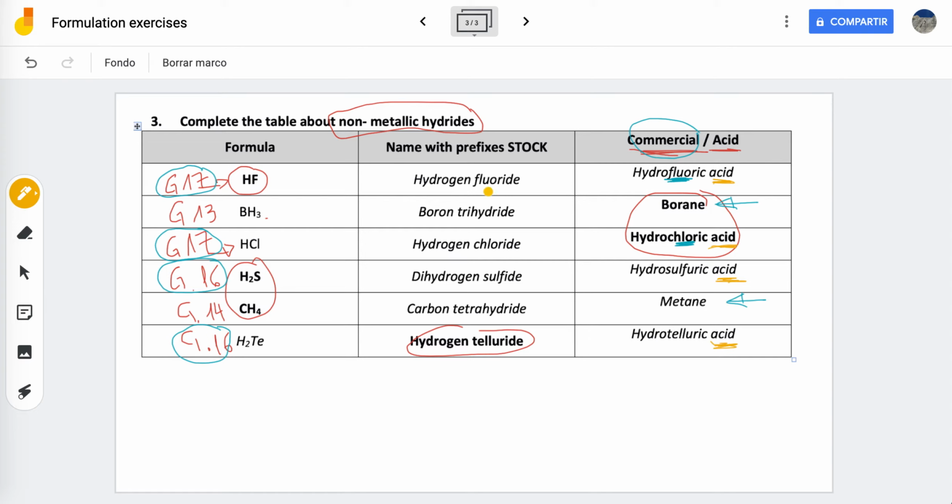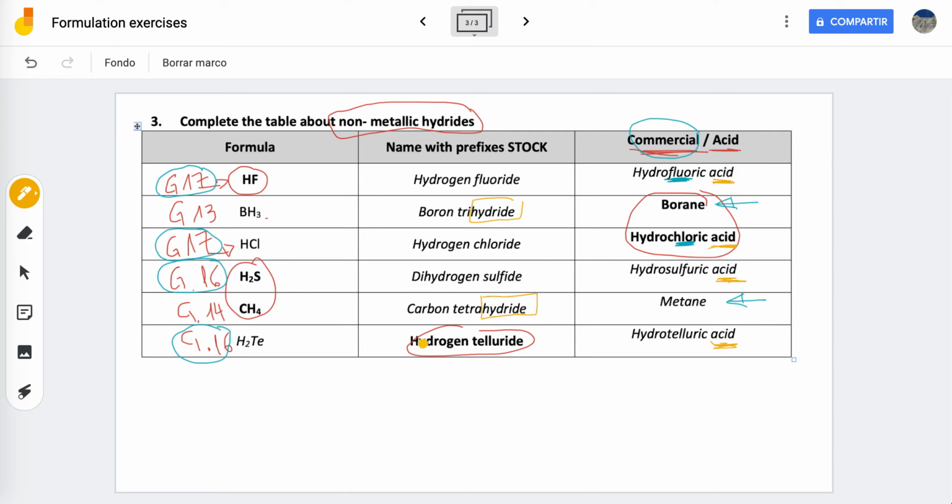So hydrogen fluoride, boron, in this case, boron 3 hydride. As you can see here, we write hydride. Okay, in group 13 and 14, hydride.